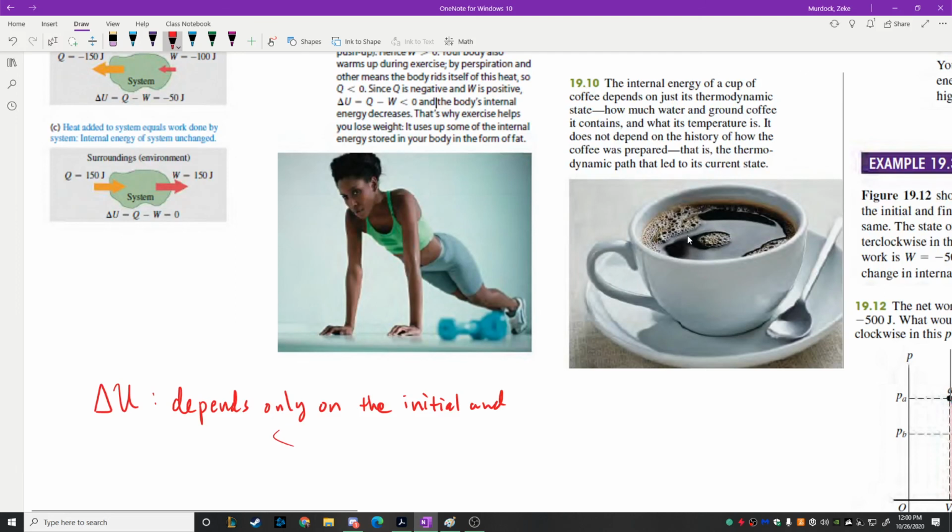So the change in internal energy depends only on the initial and final states. Is that kind of surprising at all?